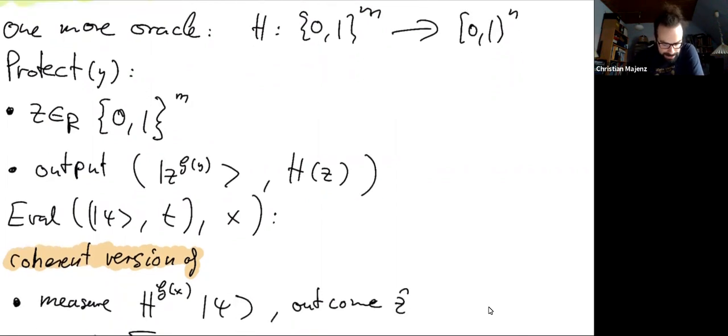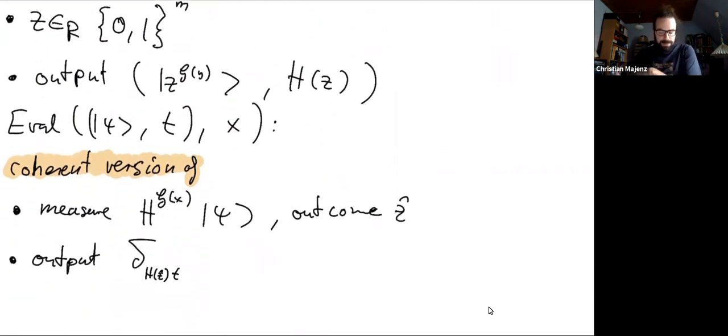And now, how does evaluation work? It does the coherent version of the following. Again, we want to do it coherently just for reusability of the copy protected program, but for simplicity, you can forget about this and just think about the actual procedure specified here.